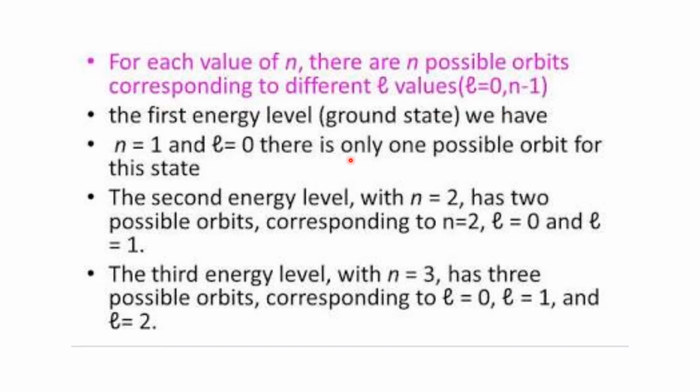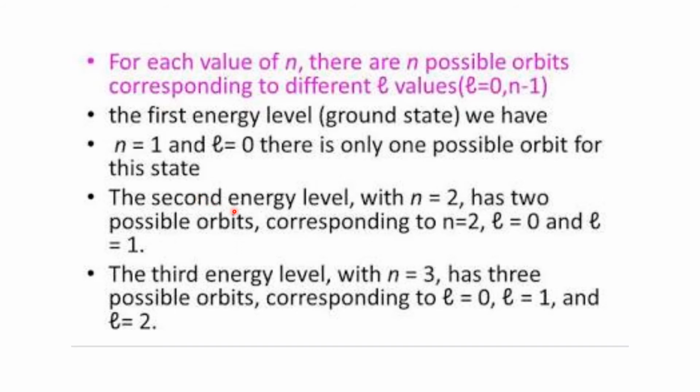That is, for the first energy level, the ground state, where n is equal to 1, L is equal to 0, and there is only one possible orbit for this state.